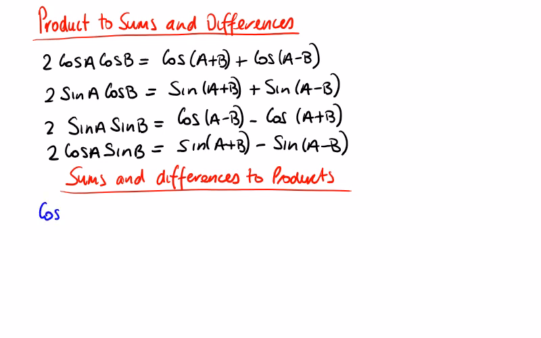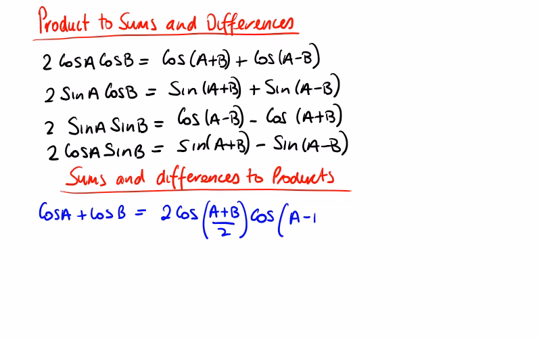So we have cos A plus cos B, which is going to be equal to 2 times the cos of A plus B over 2, multiplied by the cos of A minus B over 2. We also have the cos A minus the cos of B.